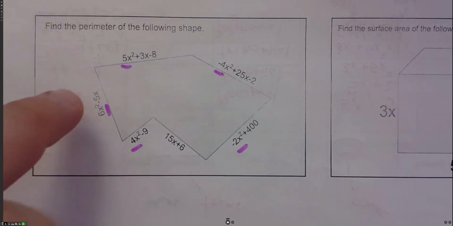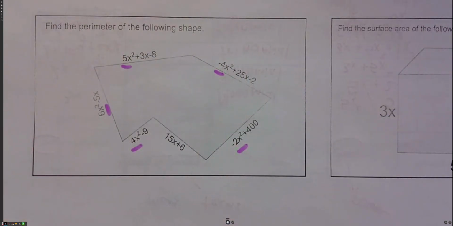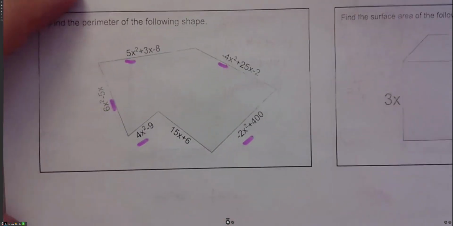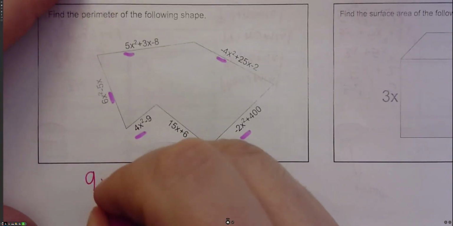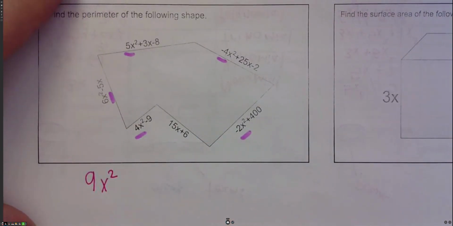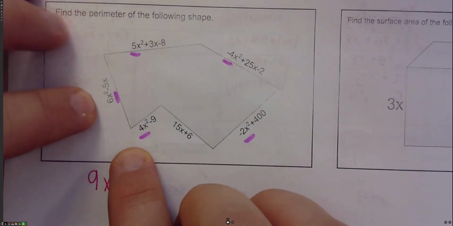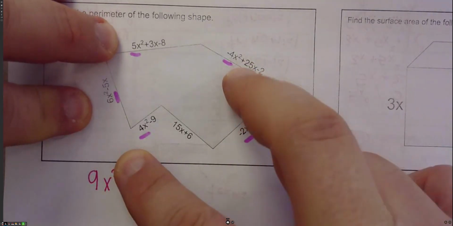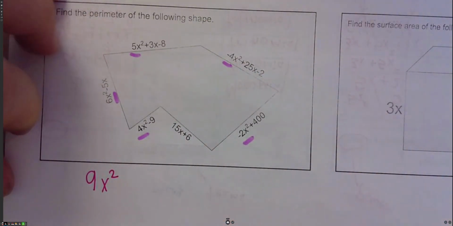What is 4 plus 6 plus 5 minus 4 minus 2? 10, 15, minus 4 is 11, minus 2 is 9. So it's 9x squared.